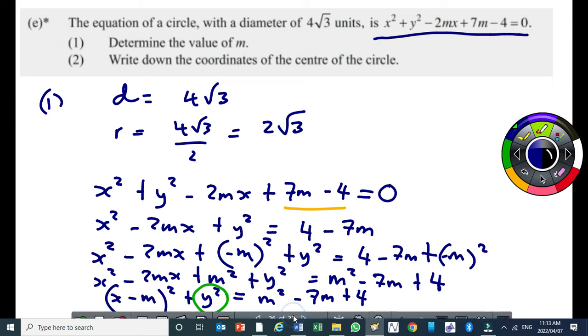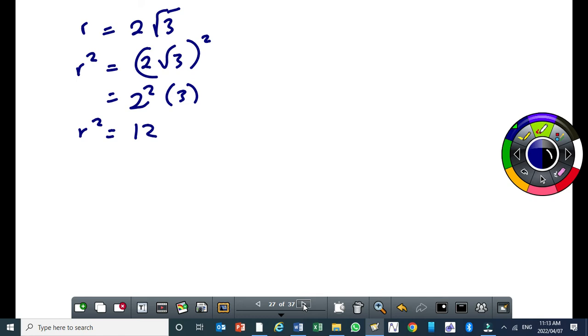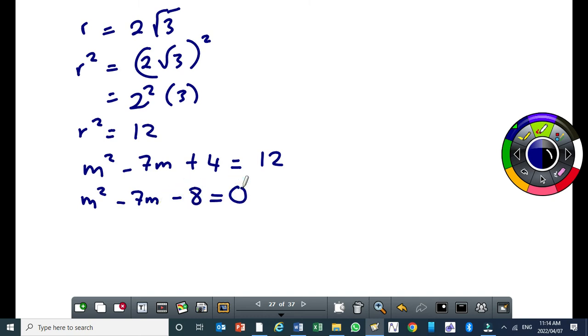Right? Then we end up having m squared minus 7m plus 4 is equal to 12. Now we can start smiling. So this is going to be m squared minus 7m, take the 12 to the left, get minus 8 equal to 0.